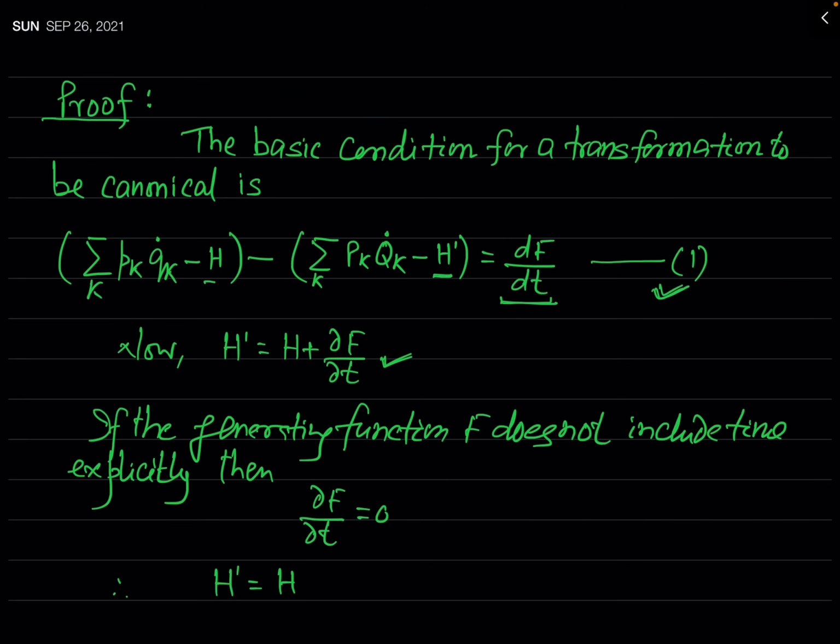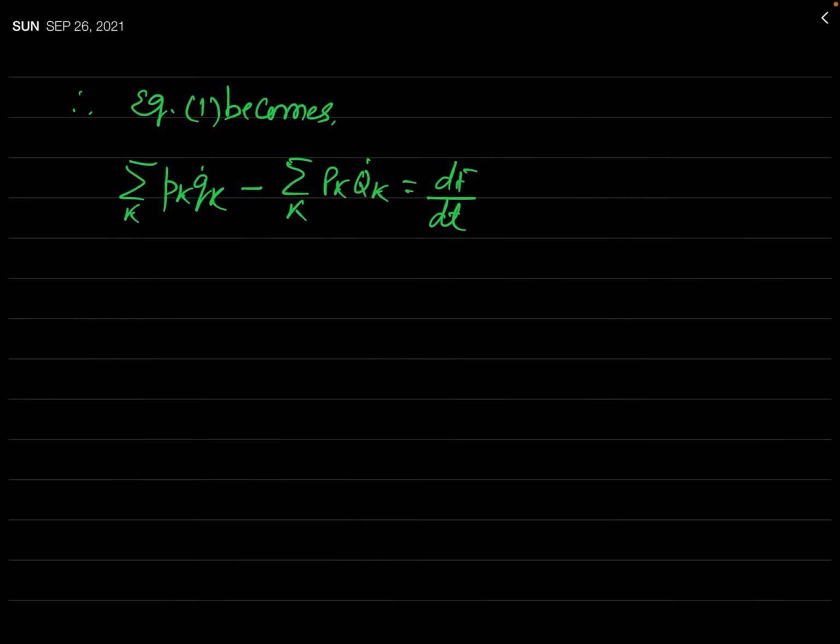In fact, as I have told you, when F is not an explicit function of time t, then this del F by del t is 0 and H prime becomes equal to H. So this H and H prime in equation 1 will cancel out.